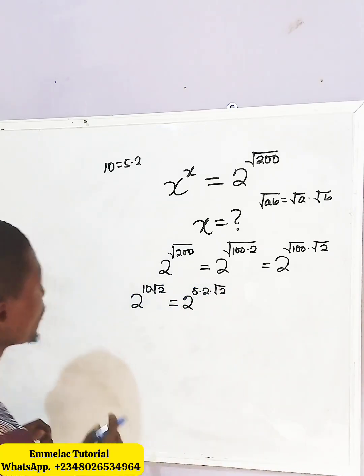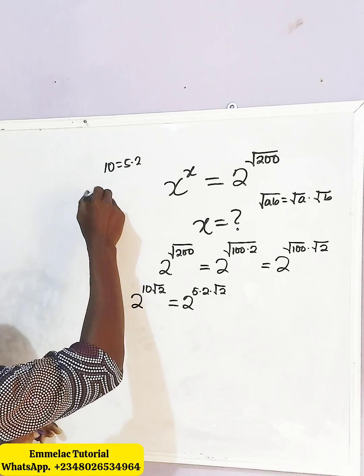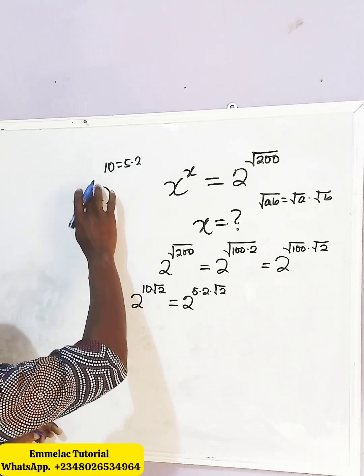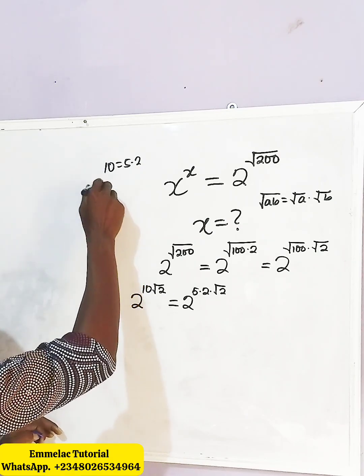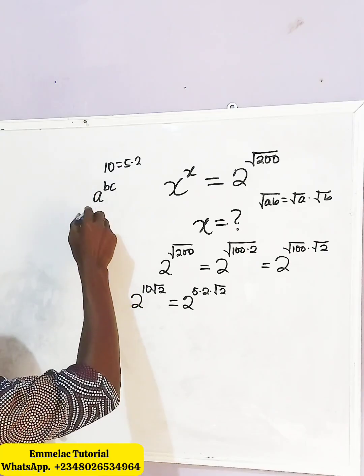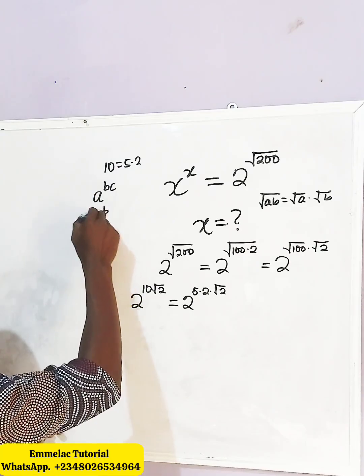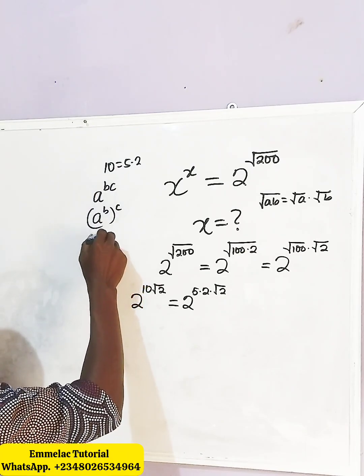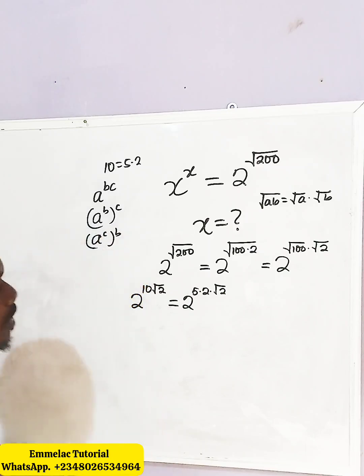And according to the law of indices, if you have a raised to the power of bc, this can also be a raised to the power of b into c, or a raised to the power of c into b, whichever way.